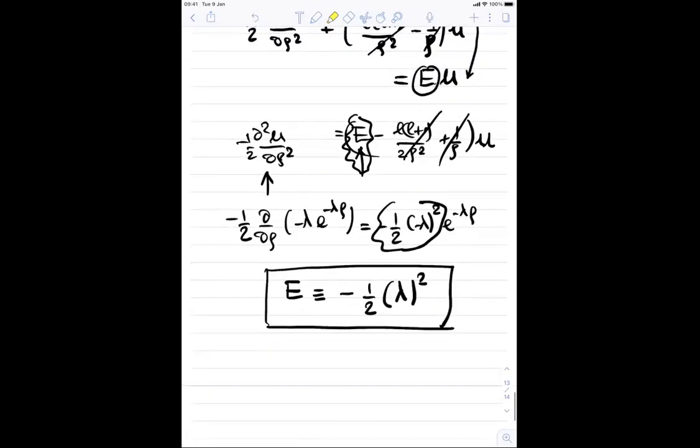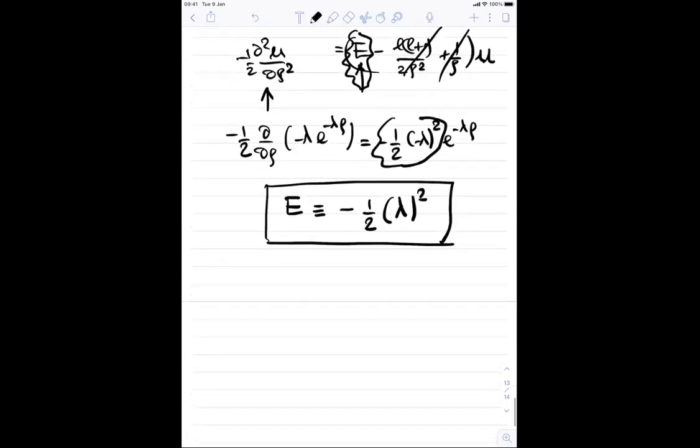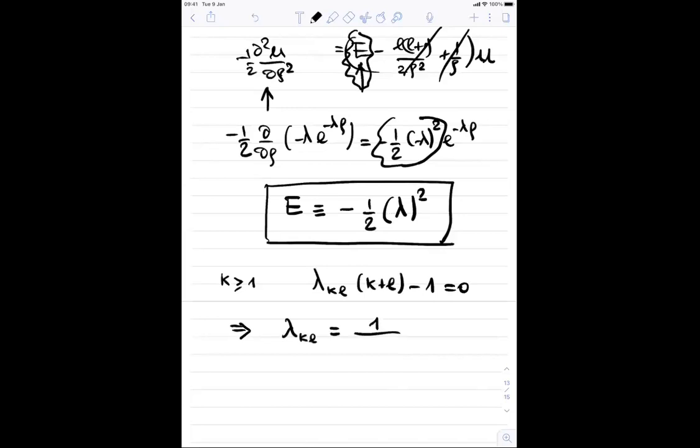So suppose that indeed I have a value of k greater or equal to 1, and that lambda_kl times (k plus l minus 1) is equal to 0. What does this imply? It implies that lambda_kl is equal to 1 divided by (k plus l).